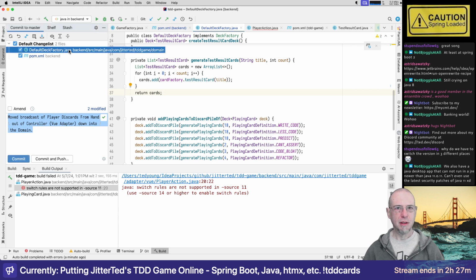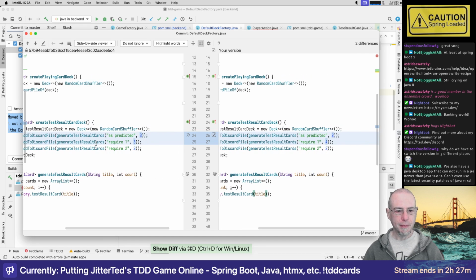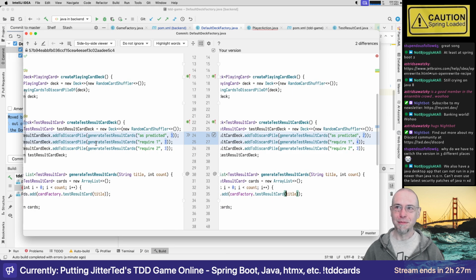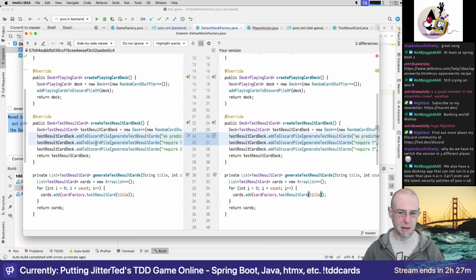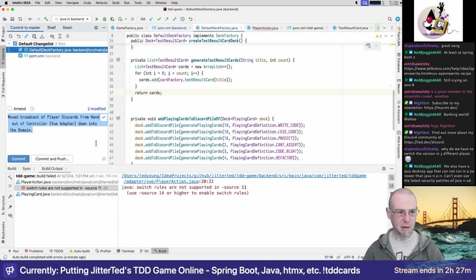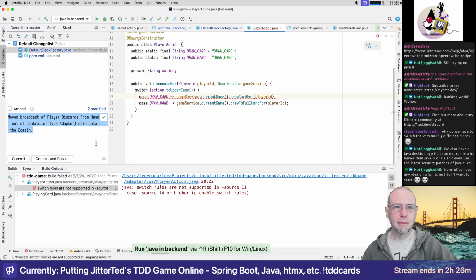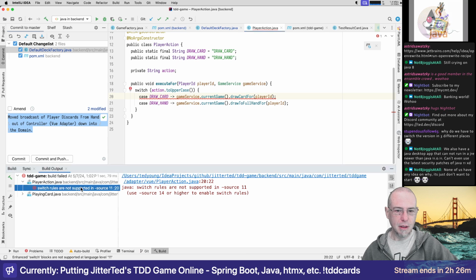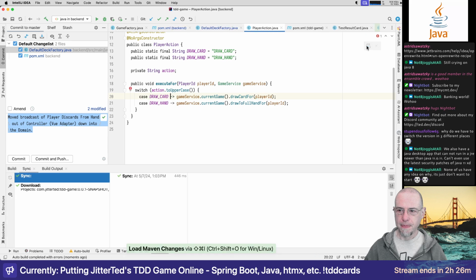What else has changed? I think I was experimenting the last time I was playing with this, clearly with some new stuff. Why would I expect that? Let's see if that works. Oh, I thought I changed that. Let's do that. There we go.